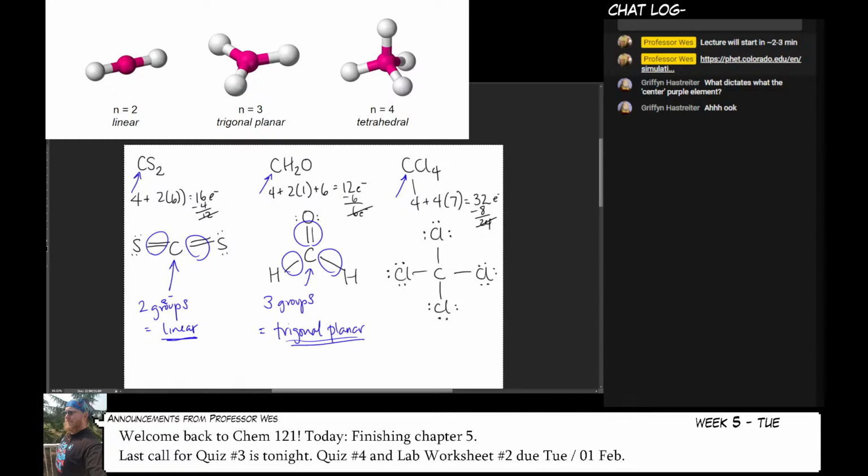We're going to call that trigonal planar because it makes a triangle-like shape, and all of the atoms are on the same plane. Hopefully everybody knows what a plane is. A plane is like a sheet of paper. It's a flat surface that extends forever in every direction. But it's also only two-dimensional. All the atoms exist on that plane.